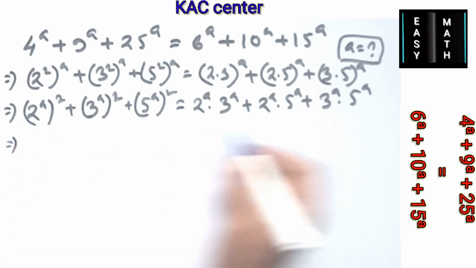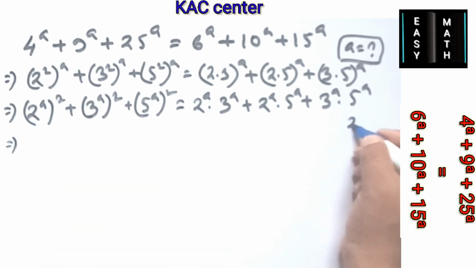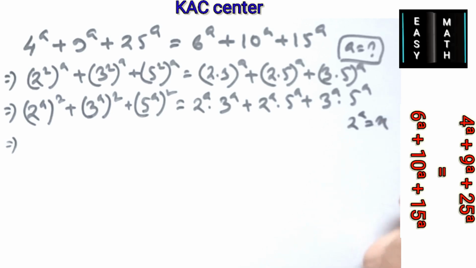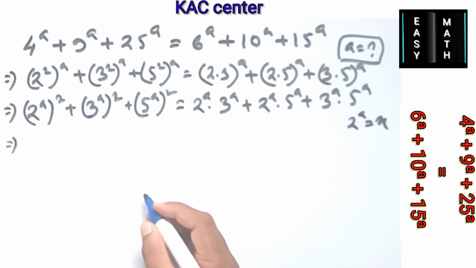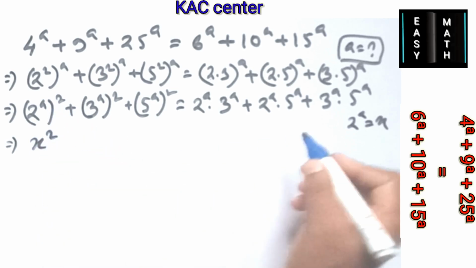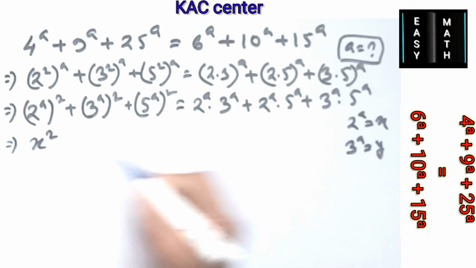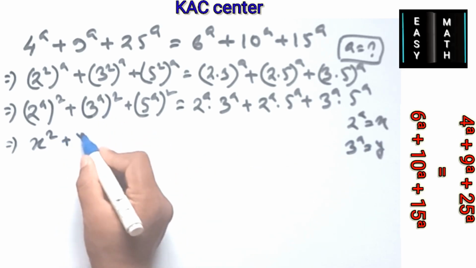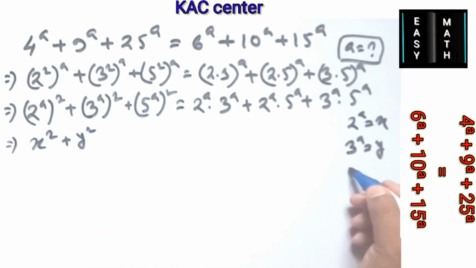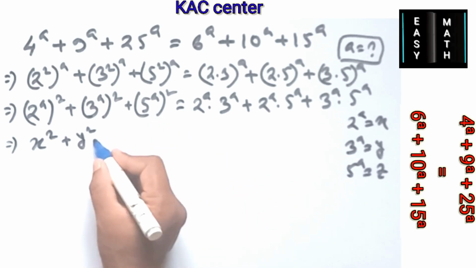Now we take 2 to the power a equal to x, so this is x squared, and 3 to the power a equal to y, so this is y squared.